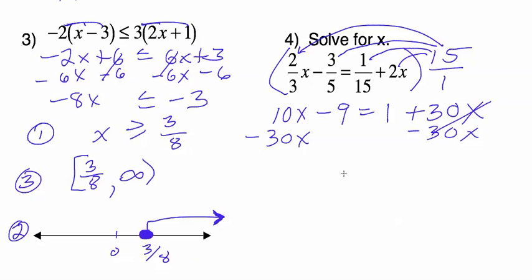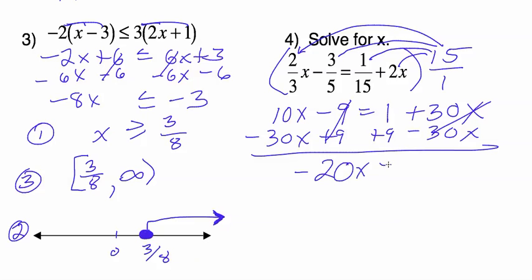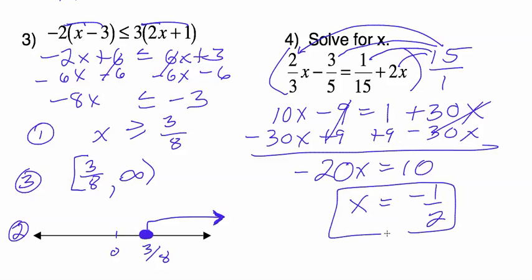To get rid of the 30x, I'd add 9 to both sides to get rid of the negative 9. So I'd have negative 20x equals 10, divide by negative 20, and x equals negative 1/2. Now again, notice that there aren't multiple representations because it's not an inequality.